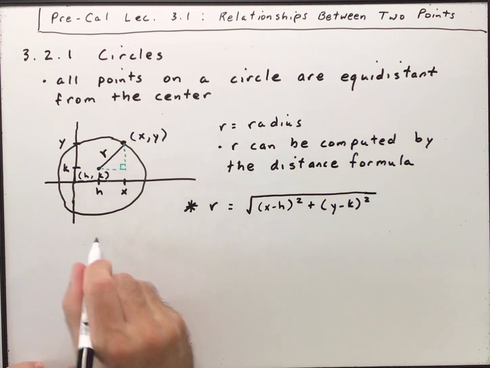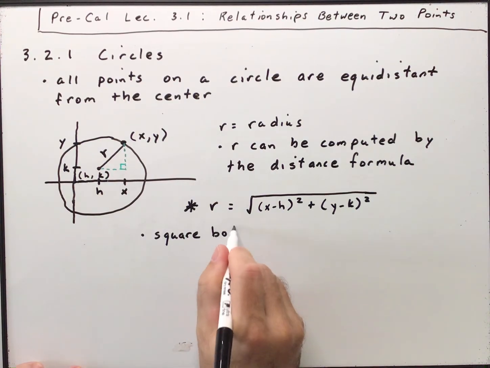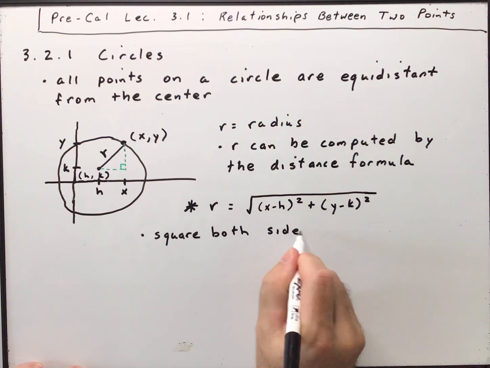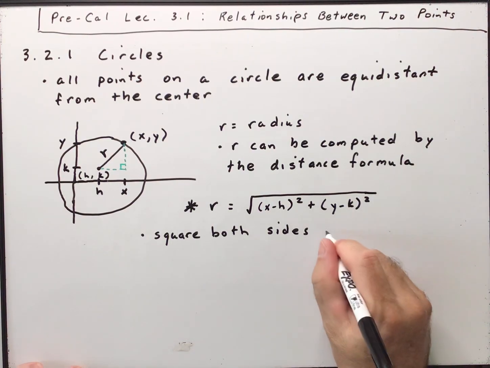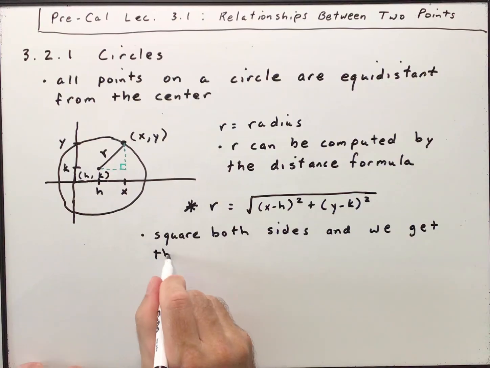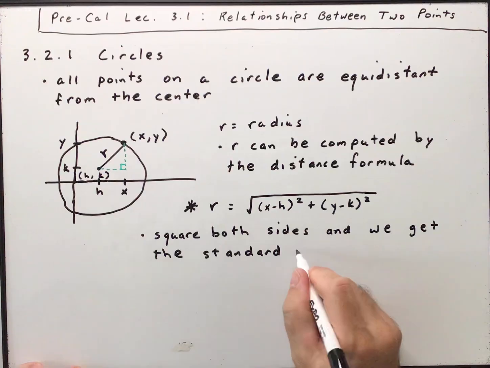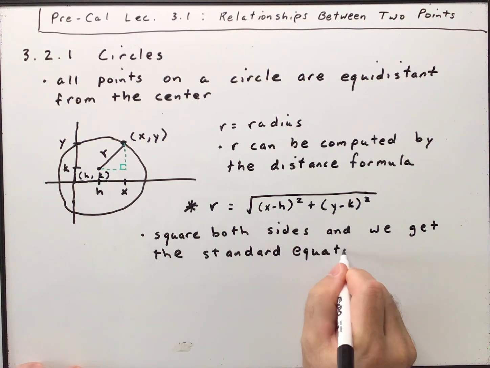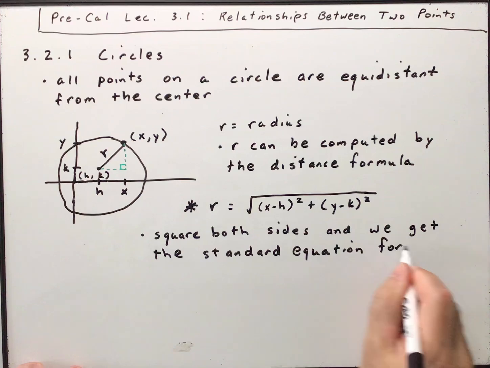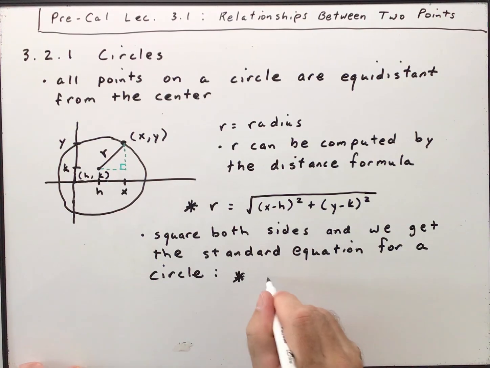So if we square both sides, and we get the standard equation for a circle. So the standard equation for the circle, which you do need to memorize as well, is just square both sides.